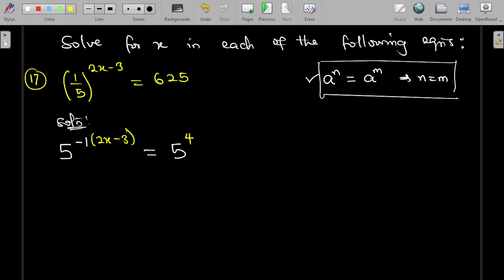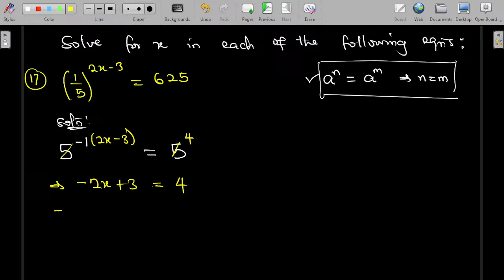Let's move on. From here, immediately you can take away the equal bases, and so your powers become equal. Here I can open the bracket: minus 1 times 2x is minus 2x, and minus 1 times 3 is plus 3, and the whole thing is equal to 4.